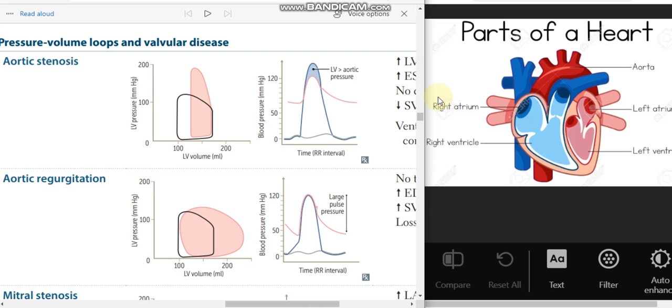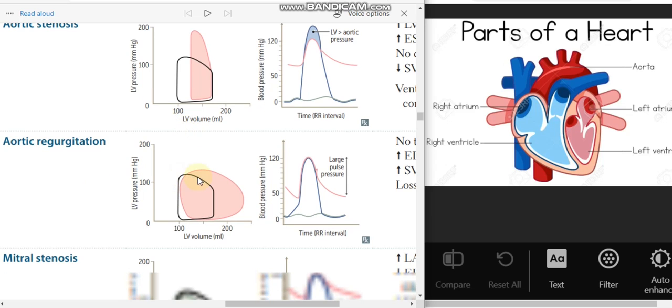In aortic stenosis the blood cannot pass through the aortic valve, cannot go to the systemic circulation. The resistance in the vessel is increased due to stenosis, so this is an increase in the afterload, and this will be an afterload curve.